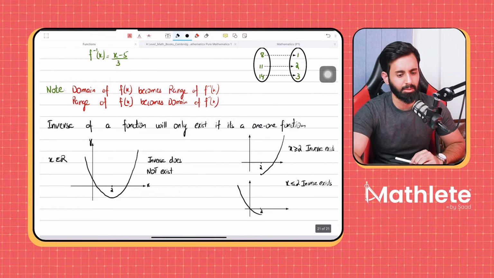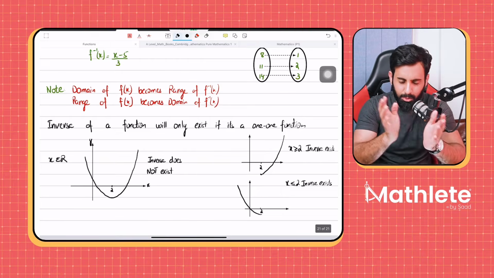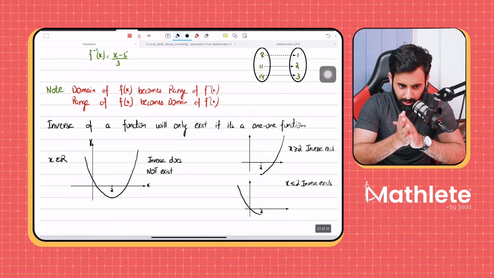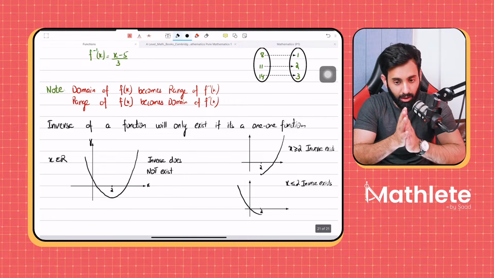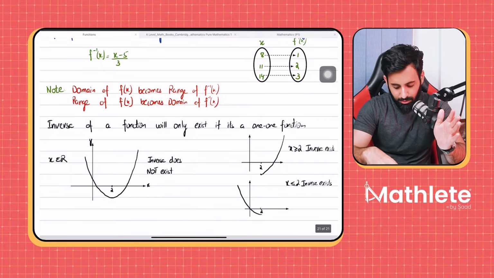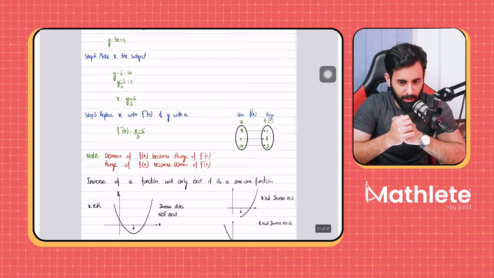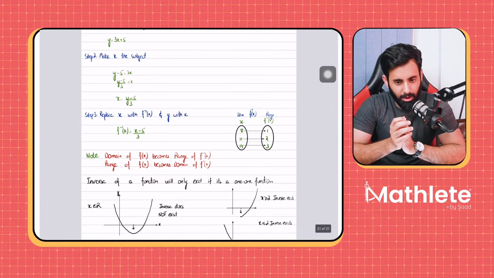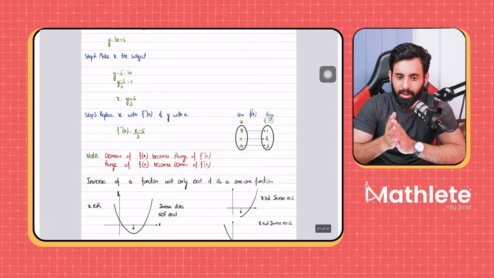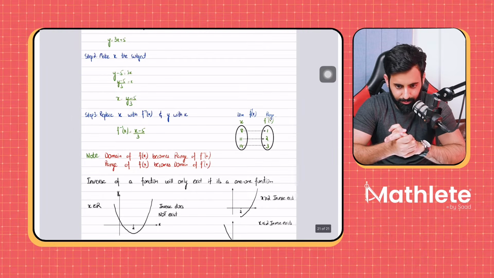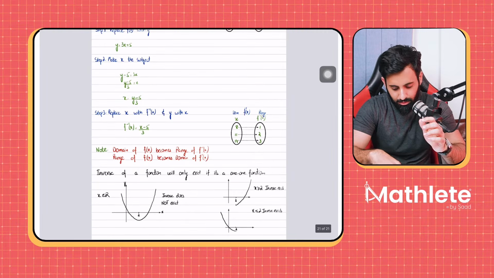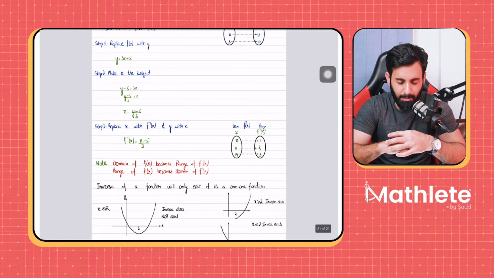So questions like these are very common, asking what you can do to the domain so that the inverse exists. Take a good look at what I've done so far. Let me know if you have any questions, and then I will answer Taha's question on why it is not possible to have the inverse of a many-to-one function. So if you have any questions, like I said, feel free to ask.